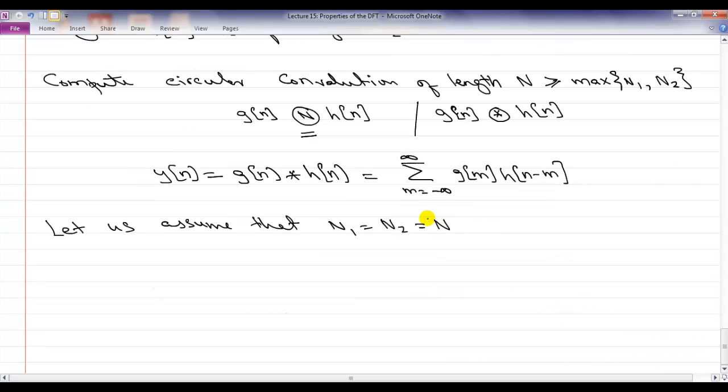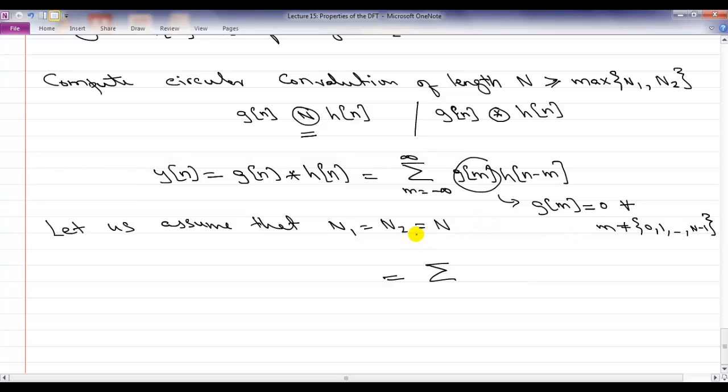Well, in that case, although the linear convolution formula is a sum from minus infinity to infinity, g[m] is equal to 0 for all m not in 0, 1 up to N minus 1.